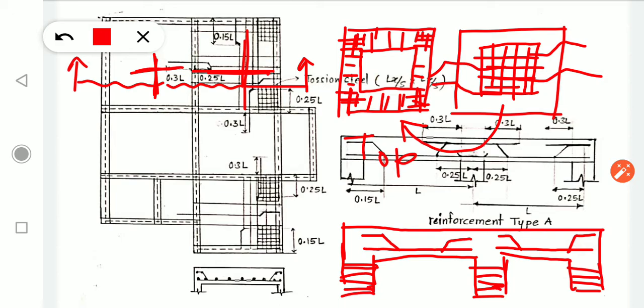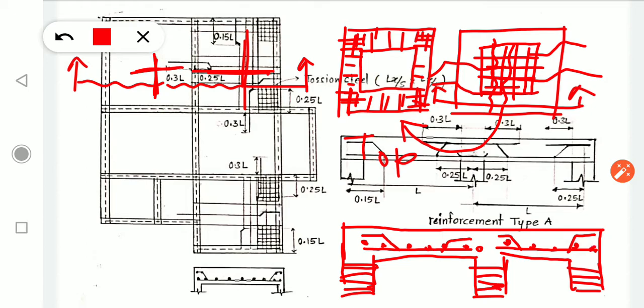Now what about these bars? If we cut the slab in this direction, that will give us this orientation, right? They will be cut like this, and therefore there is bottom reinforcement present like this.